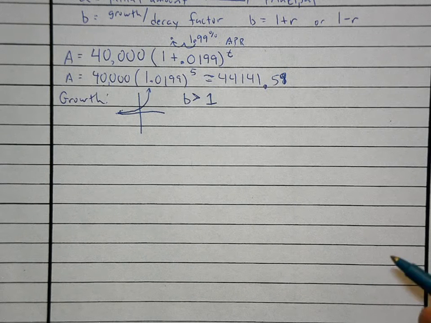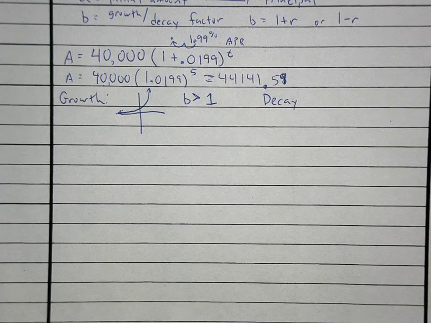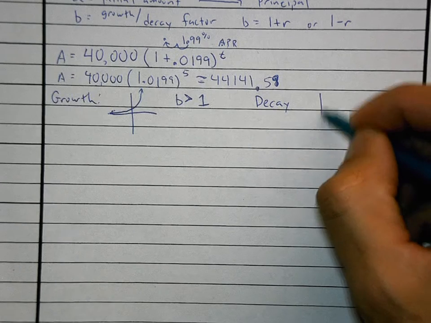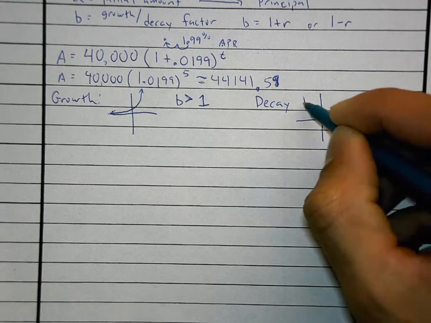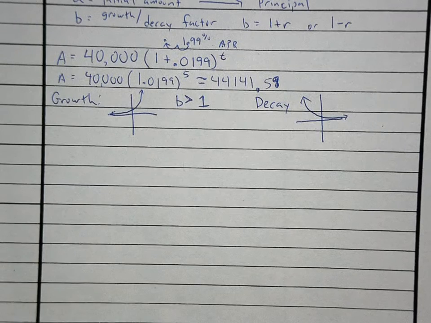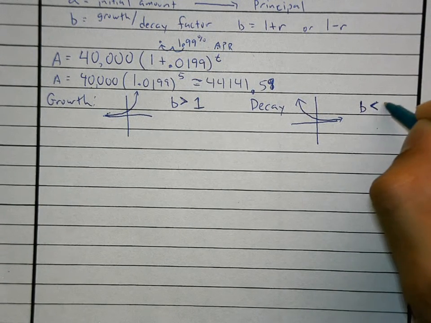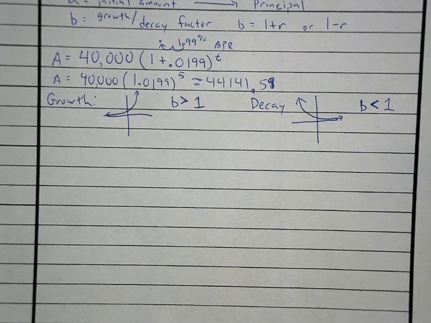On the other hand, is decay. Decay, on the other hand, gets smaller and smaller and smaller, exponentially. It's when your B is less than 1. If something decays, usually it's getting smaller.